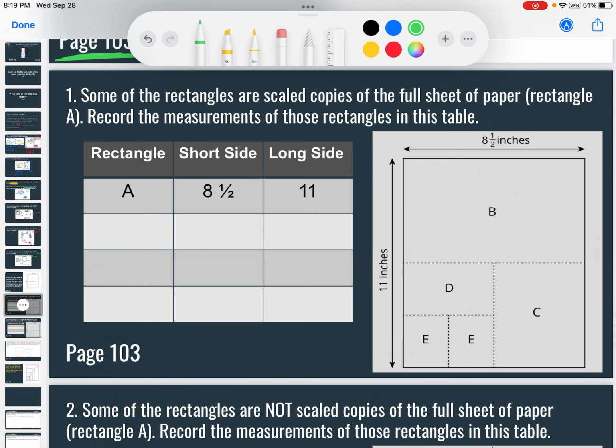So number 1 says, some of the rectangles are scaled copies of each other. Scaled copies of the full sheet of paper, rectangle A. Rectangle A might be hard to see, but that's this whole thing.